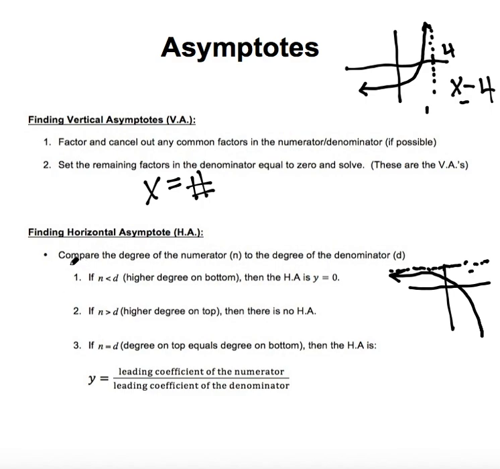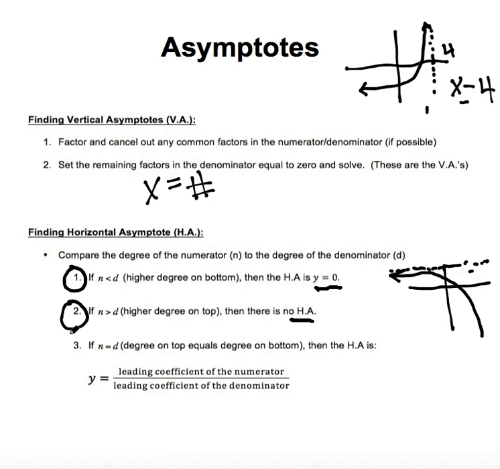So case 1 is if you have a higher degree on the bottom. If the higher power is in the denominator, then your horizontal asymptote is going to be y equals 0. Case 2, if you have a higher degree on the top, so if the higher power is in the numerator, then you're going to have no horizontal asymptote.